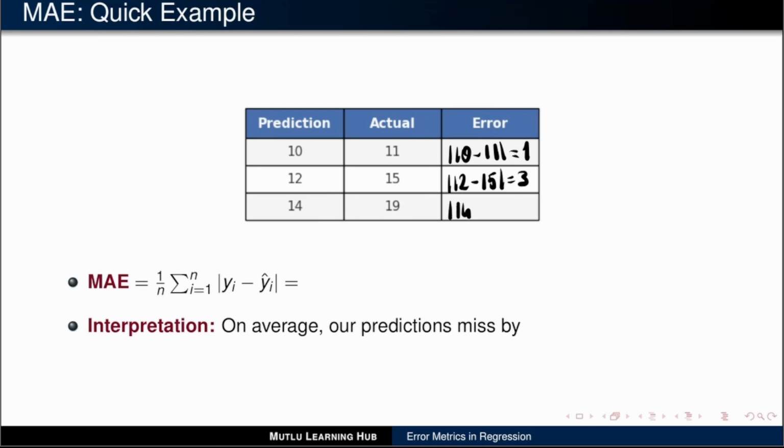And then for the third data point, we have 5. Then we calculate the mean absolute error. Here, the number of points is 3, so we have 1 divided by 3 times 1 plus 3 plus 5. So we get 9 divided by 3, which is 3. So on average, we are off by 3 units.